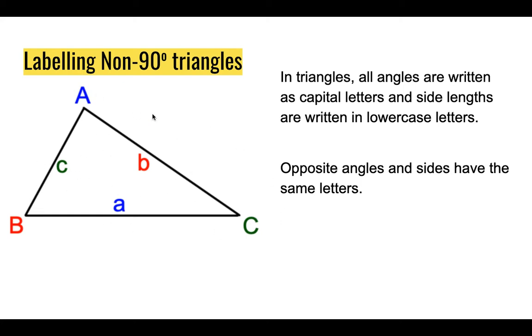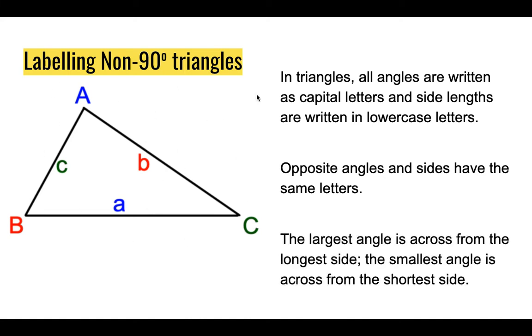It does not matter which order you label A, B, C. It can be D, E, F. It could be eyeball, nose, and ear if you want. It doesn't matter, but this is the general way of labeling triangles in the math world.